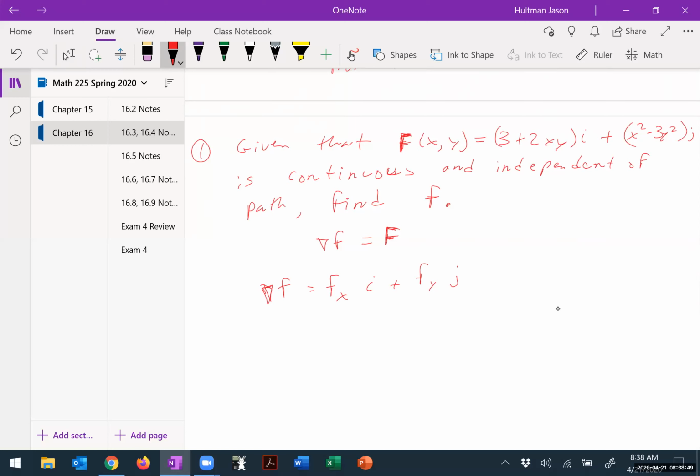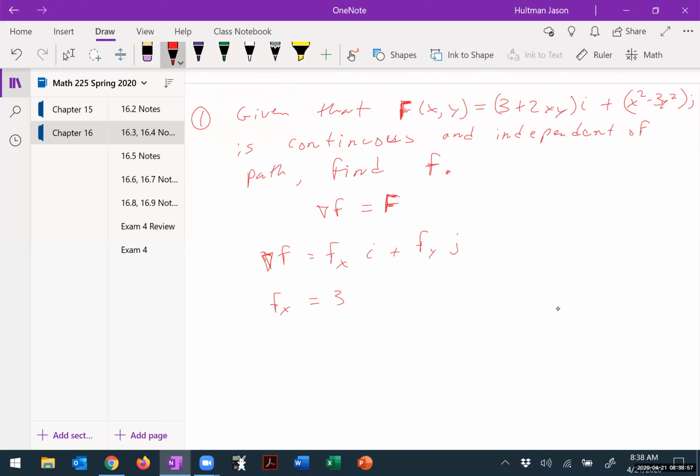So we want f sub x to be equal to 3 plus 2xy, and we want f sub y to be equal to x squared minus 3y squared. Because this is supposed to equal capital F.